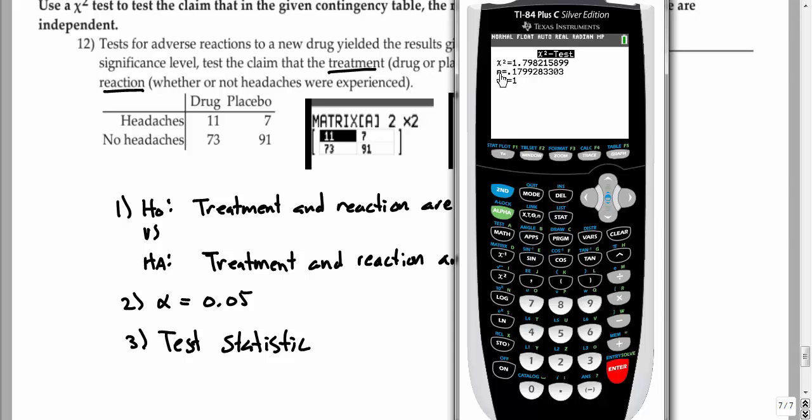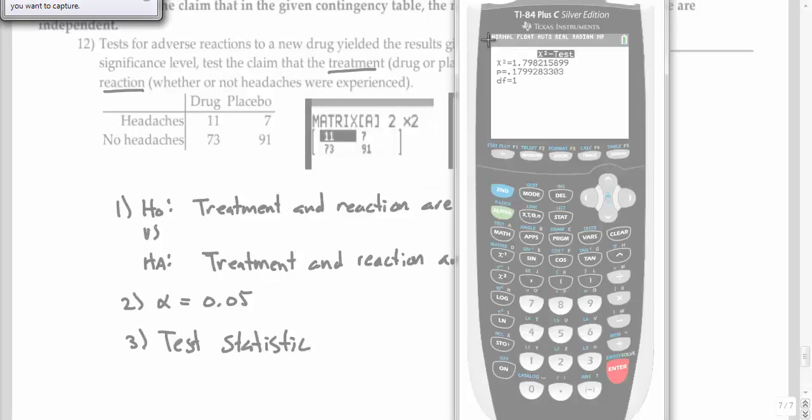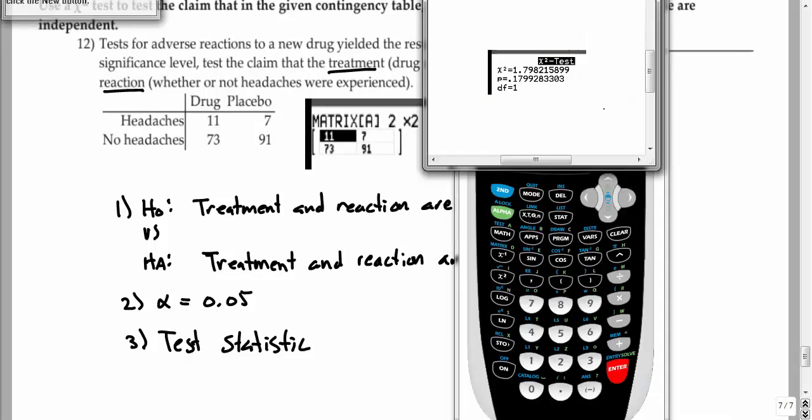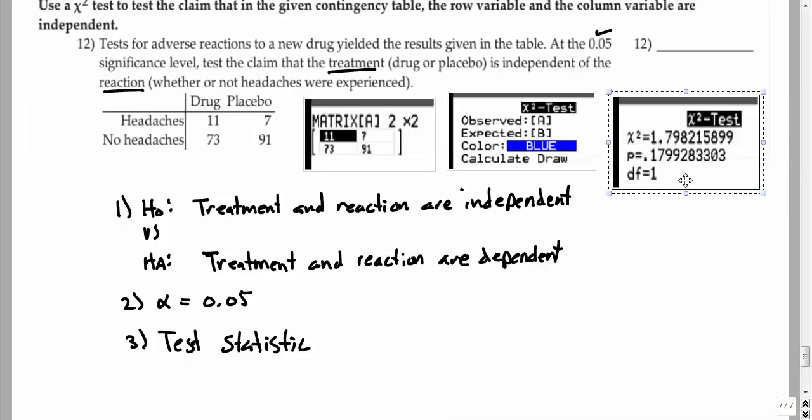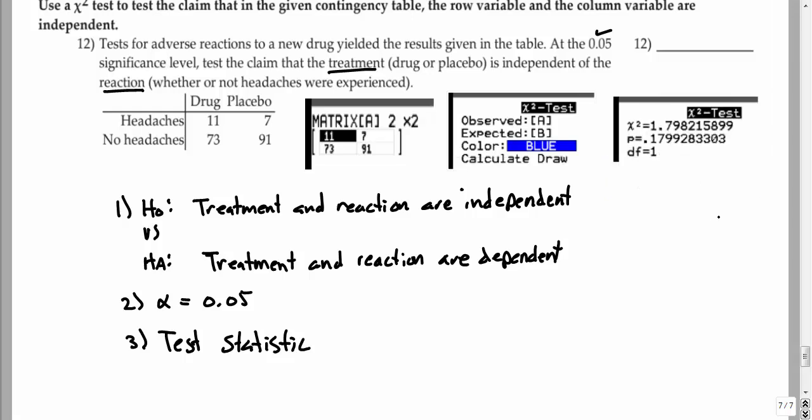I have a chi-squared value, which is my test statistic, and I have a p-value, and it also tells me what my degrees of freedom are. Now again, I'm going to use the p-value approach on this, not using the critical value or the traditional method for hypothesis testing. I just need this p-value, and that helps me find everything.